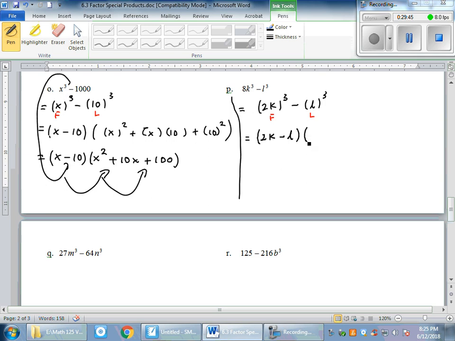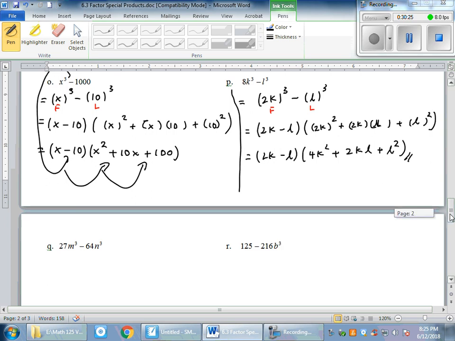Now for the second part, I will write down the format first: first square plus first times last plus last square. Now write in what your first and last are. So finally, my answer will be 2k minus L, times 2k squared, which is 4k squared, plus 2k times L, which is 2kL, plus L squared. That will be my final answer.